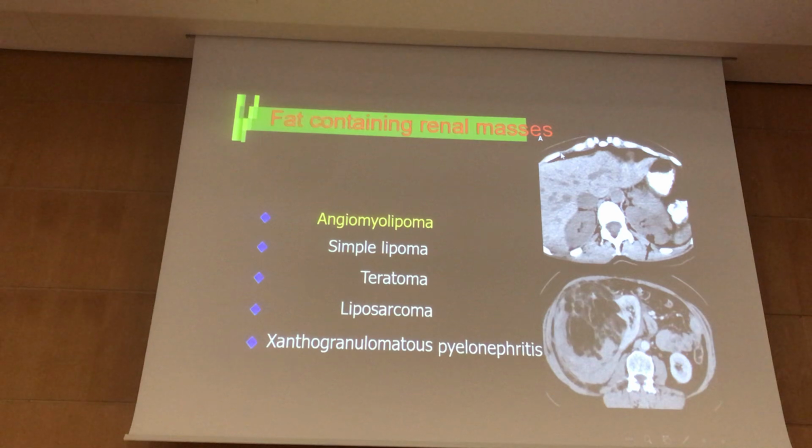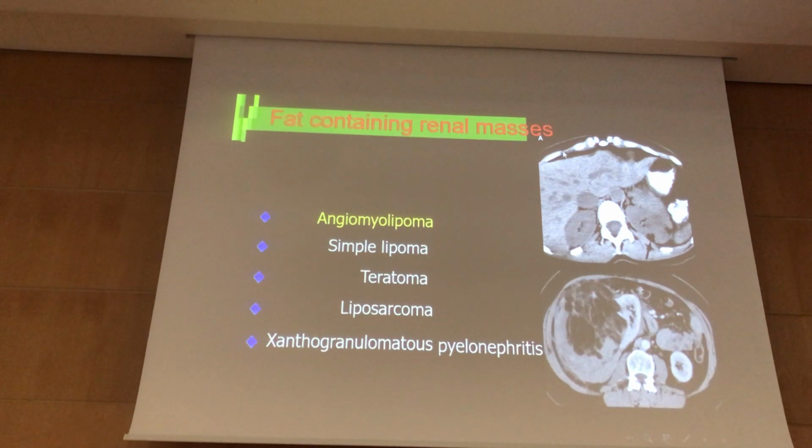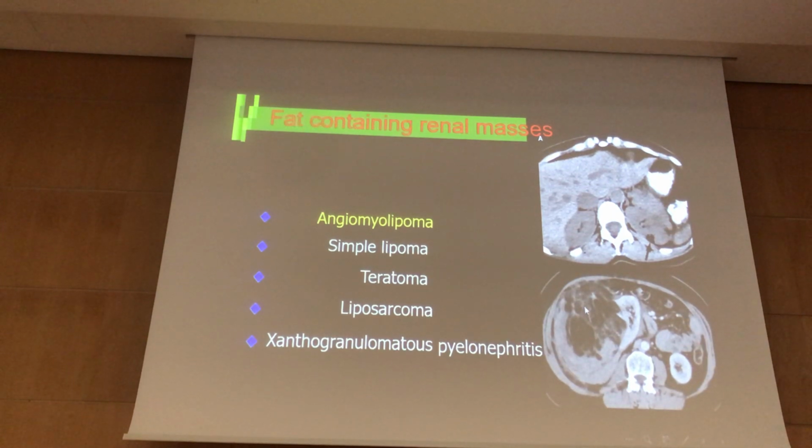How would you say that this is lipid, not necrotic tissue? This is lipid and not necrotic tissue because this is all fat. If you measure the Hounsfield unit, the fat would appear minus, like minus 40, minus 50. If you have a necrosis, that would never go to the minus.